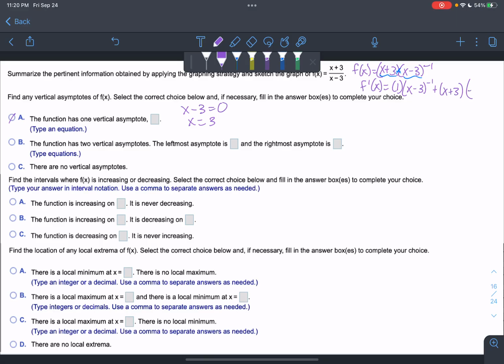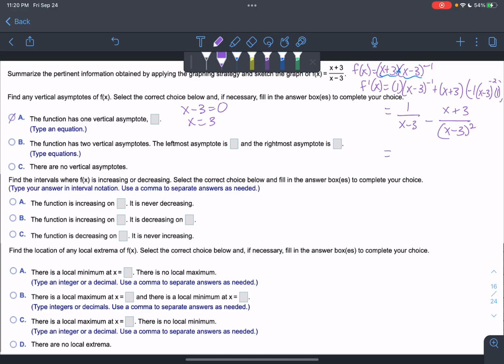So I'm going to bring that negative 1 down, rewrite the stuff in the middle, and then decrease the power by 1, that's minus 2, and then multiply by the derivative of x minus 3, that's the chain rule. That's just 1. And so my derivative is this, if I rewrite it, plus x plus 3 over x minus 3 squared, and then I have a negative, so this becomes minus.